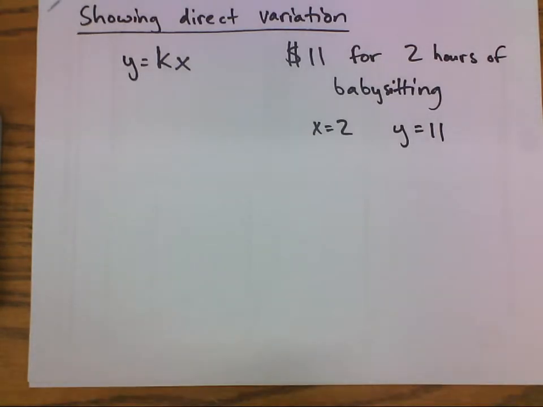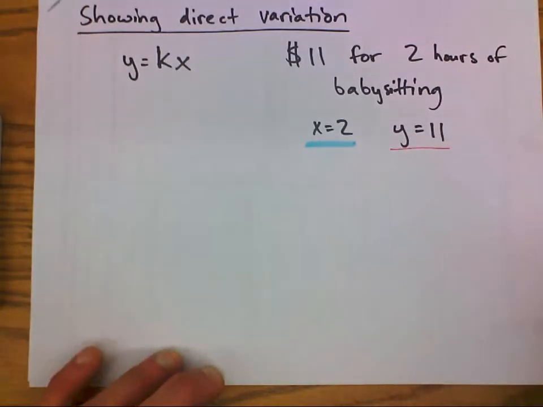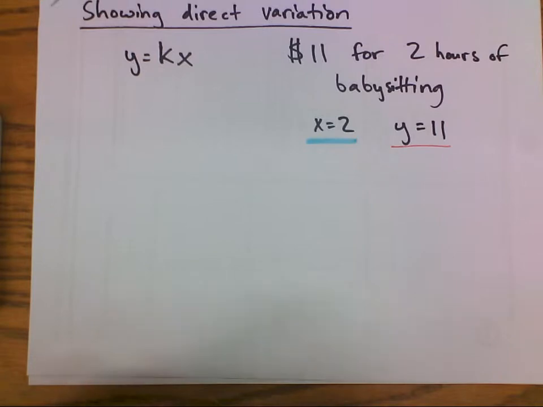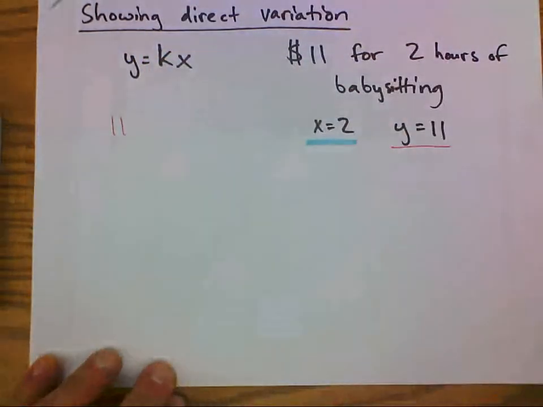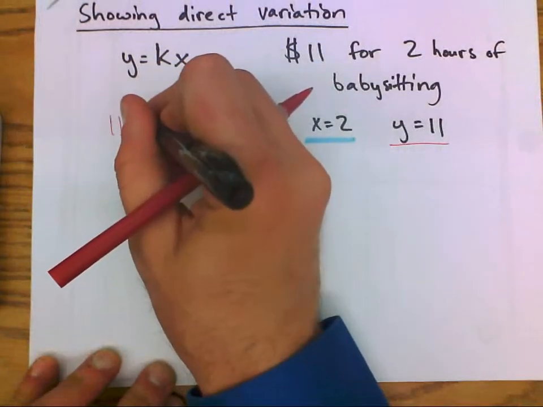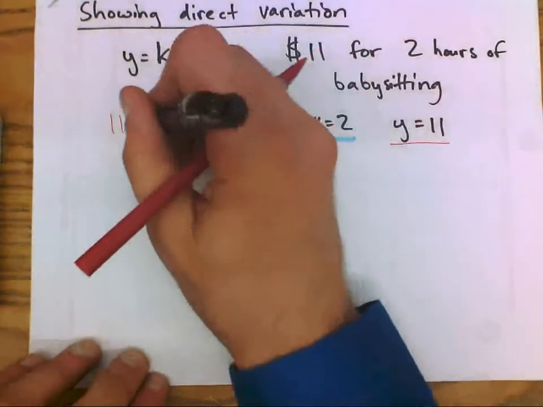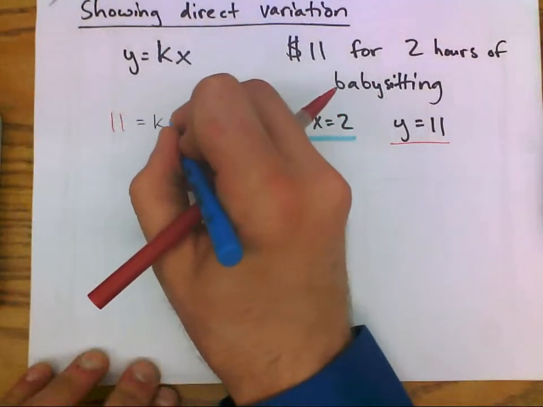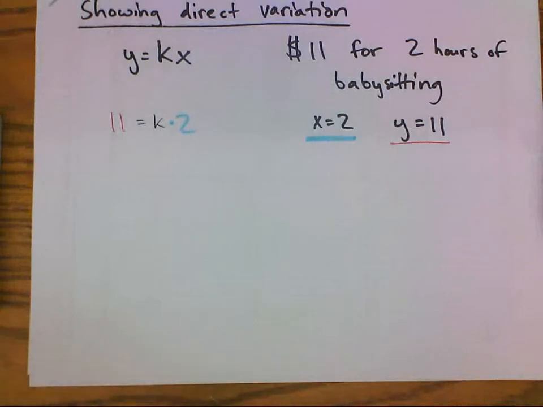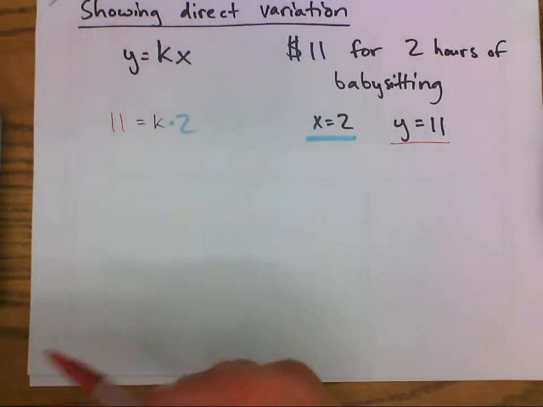So 11 is equal to k times 2. Now my goal here is to find the direct variation function.